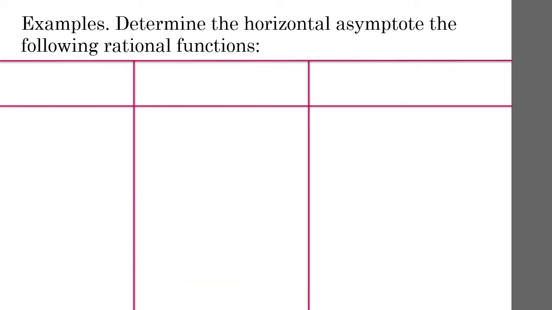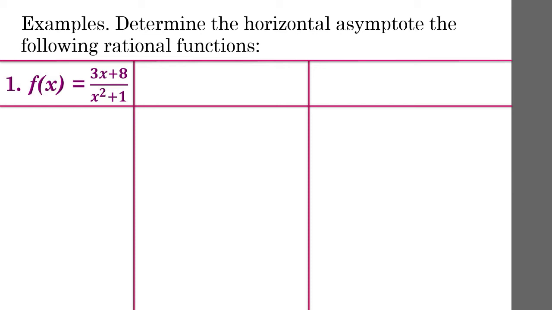Okay, next. Determine the horizontal asymptote of the following rational functions. F of x equals 3x plus 8 over x squared plus 1. Let us determine first the degree of the numerator and the degree of the denominator. The degree of the numerator is the leading exponent of the terms in the expression.